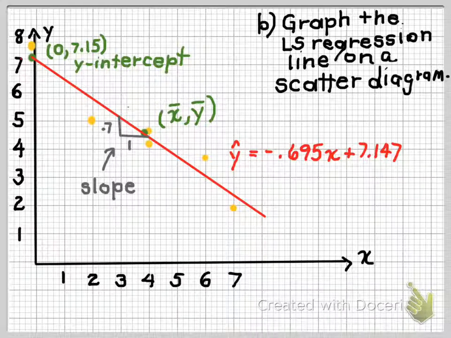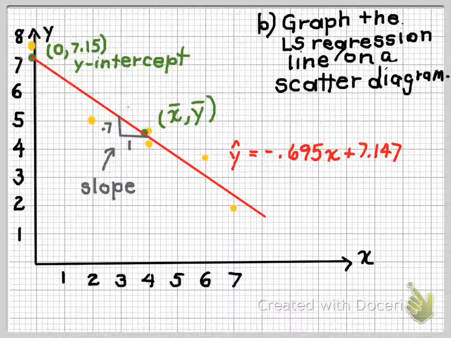Now, instead of finding my second point using the slope, which is a decimal and makes it harder to use, I use the fact that every least squares regression line has as one of its points the mean of the x values of the observed data, comma, the mean of the y values of the observed data.